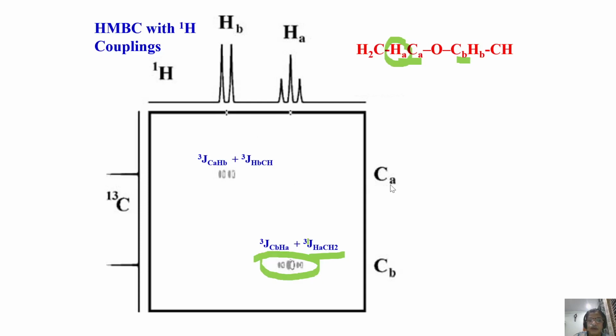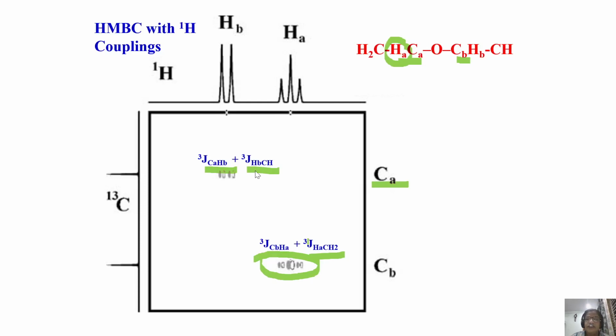Now look at Ca. This is going to be Ca-Hb coupling plus you are having coupling between Hb and the CH. So fantastic, long range couplings of the protons are also reflected here.